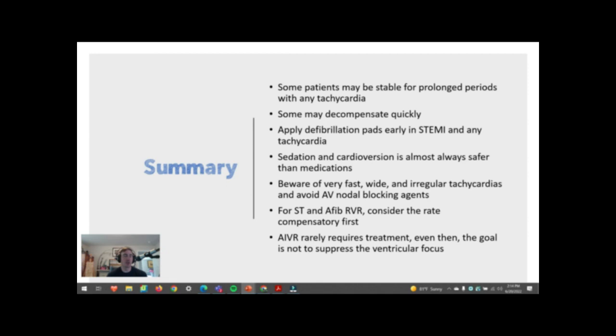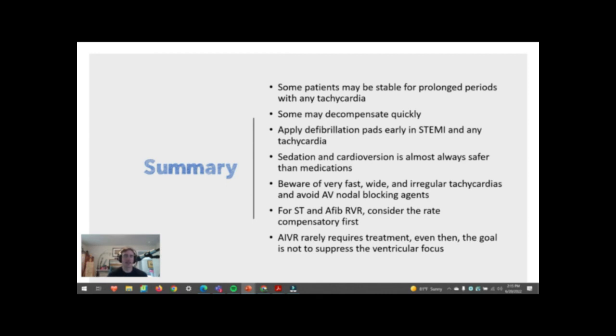They're not perfusing well. Maybe they're a little altered, and you're thinking, I don't know if I want to give medications or cardiovert this patient. The general rule of thumb is if you're unsure, you should probably just cardiovert them. You saw your sedation options, sedate and cardiovert.